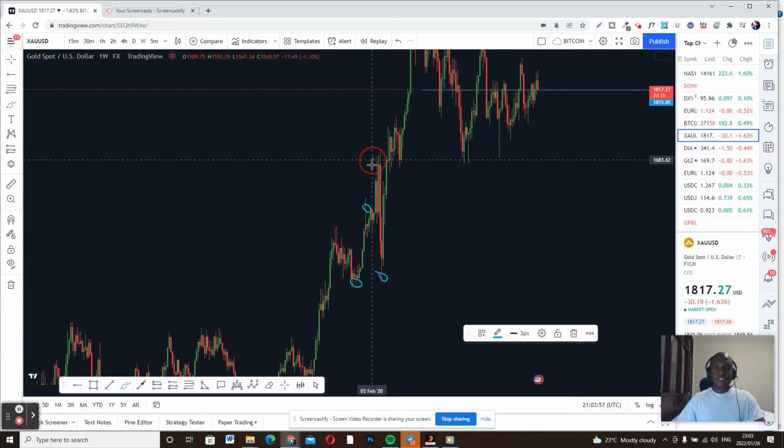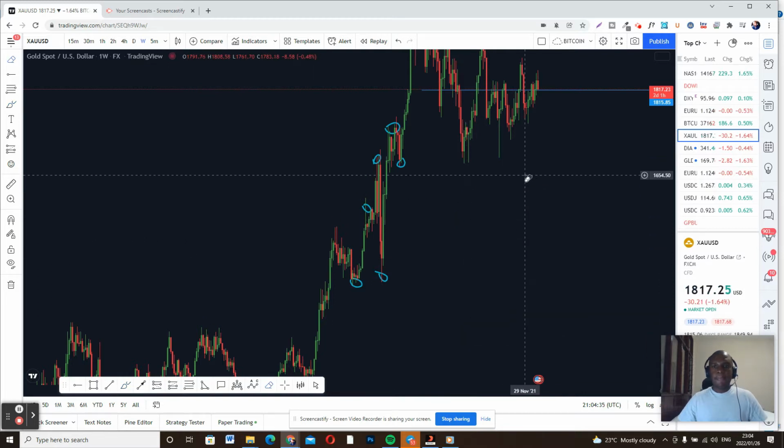From where it started to this top, and from this top to here. The next point, it was here, back to the previous swing high. So we move forward.